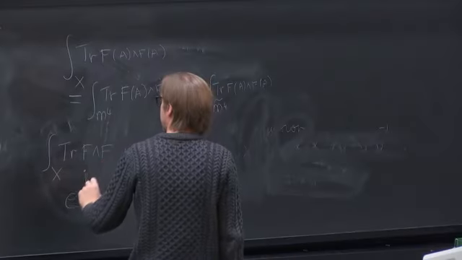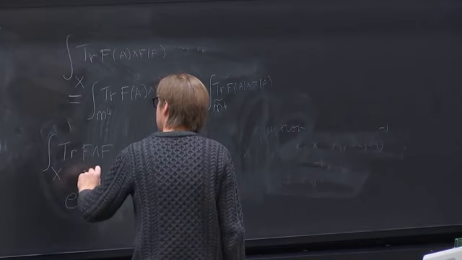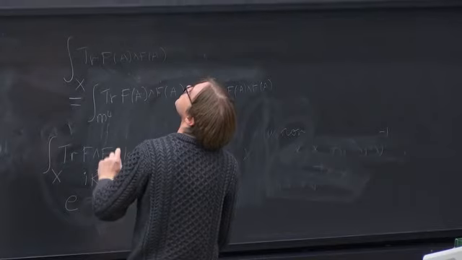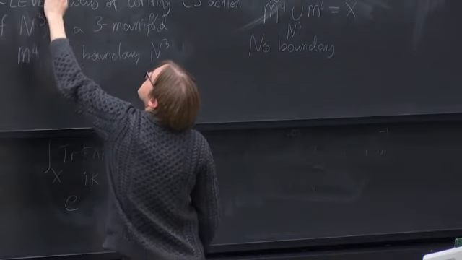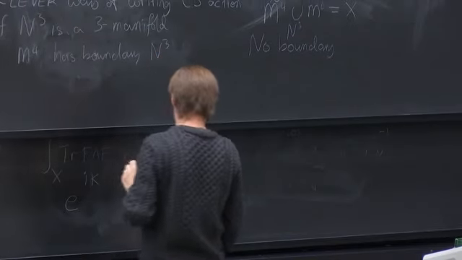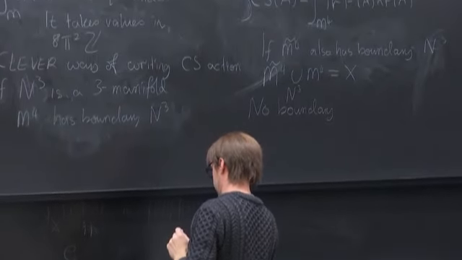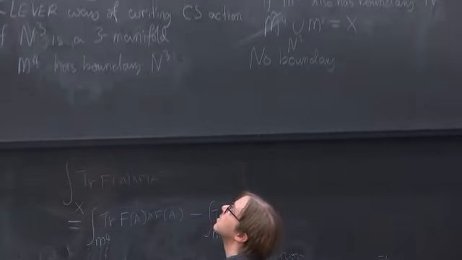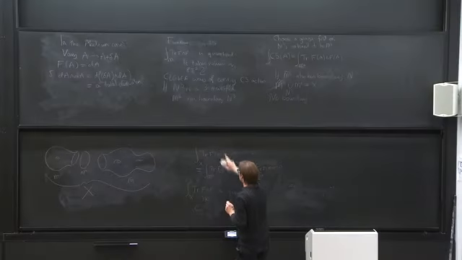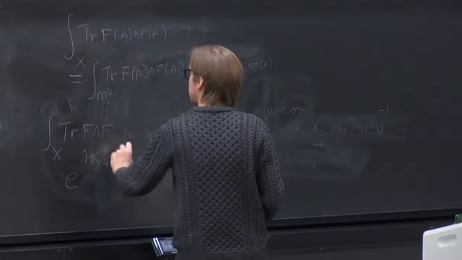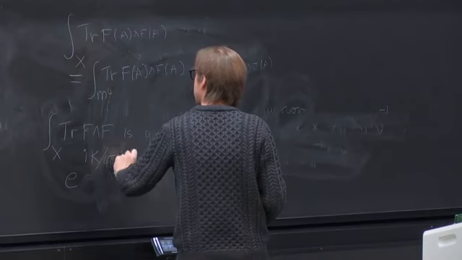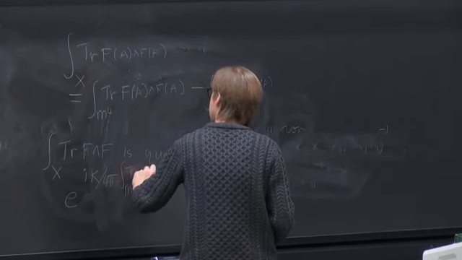Maybe that should be 8 pi squared. I think that should be 8, although I'm a bit unsure. So e to the i k over 4 pi of the integral of M4 trace F wedge F.